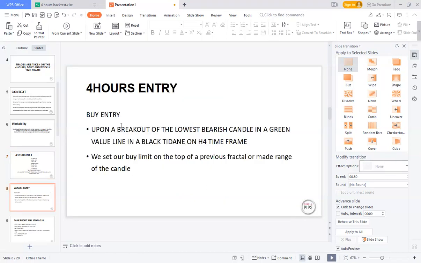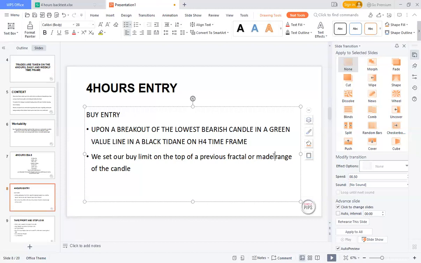So buy entry upon a breakout of the lowest bearish candle in a green value line in a black TDIN on H4 time frame. We set our buy limit on the top of a previous fractal or mid-range of the candle. Should be mid-range of the candle.